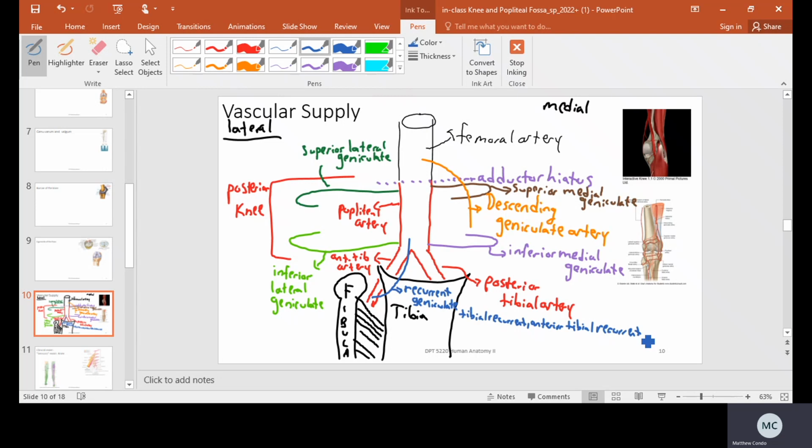So why do we have this system? We have this system, if you guys think about it, for a couple of really super key reasons. One is I need to get blood all the way around my knee, right? My menisci need blood, my ACL needs blood, my patella needs blood, my VMO needs blood, all this great stuff.